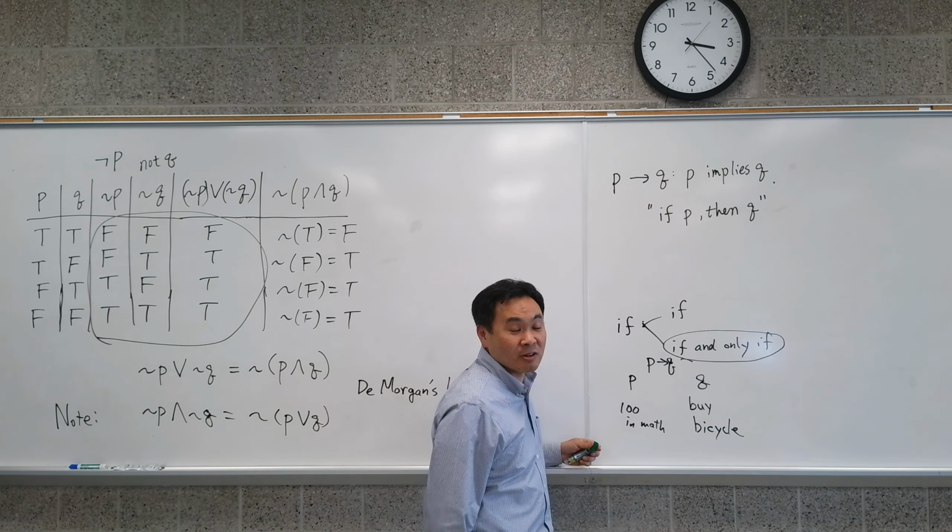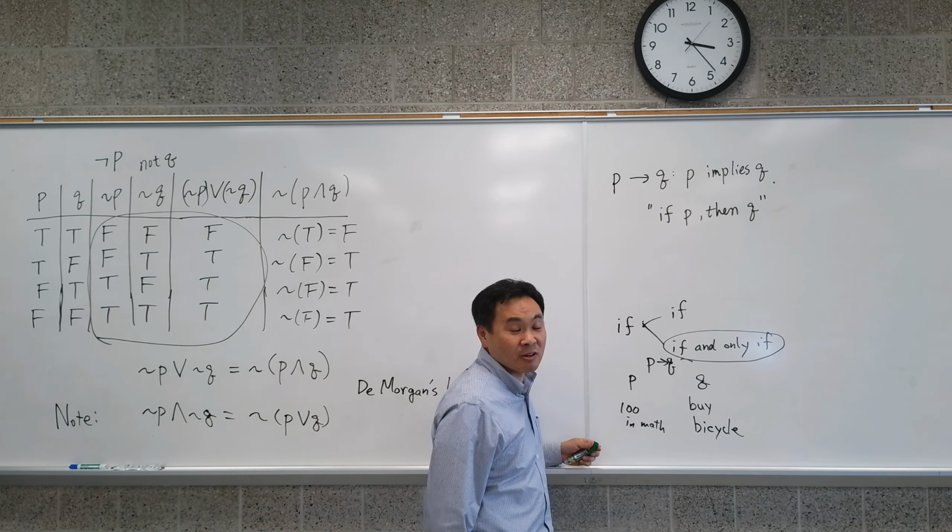Okay? But going back to the other case, like you're at the gate of a concert, an EDM concert or something, and there are guards checking your tickets. The guard says if you have a ticket, then you're in, right?